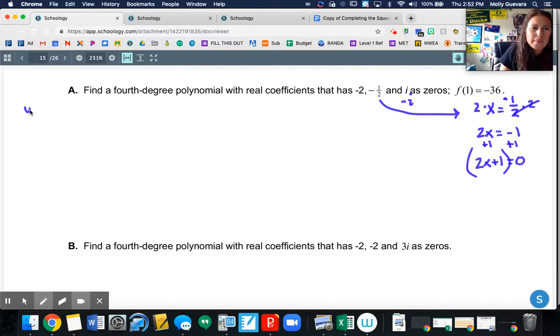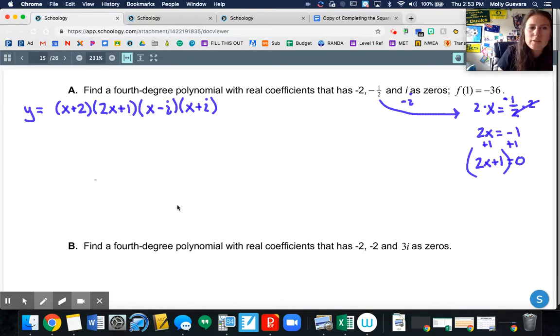Okay, so I have y equals x plus 2 because I have -2 as a 0. Then I have 2x plus 1, which is how I got the 1/2. Then I have x minus positive i, and then I have x minus -i, so that changes it to a plus.